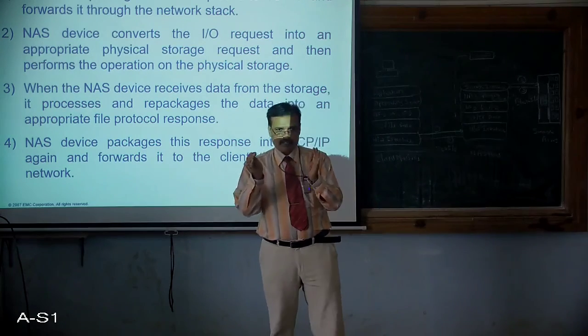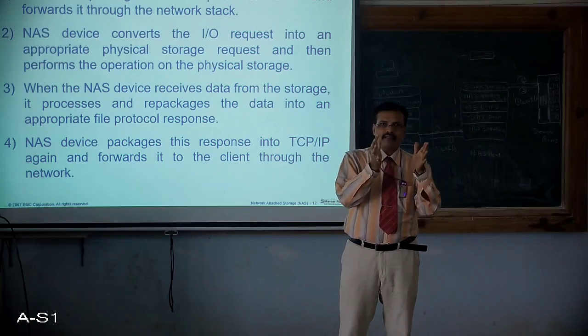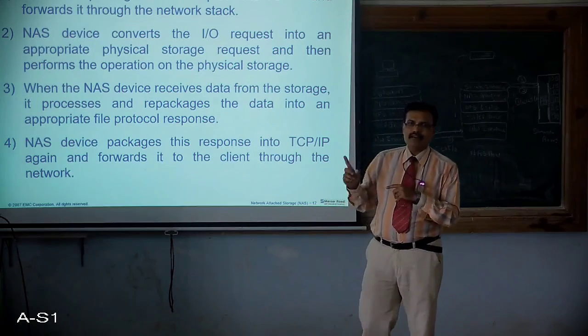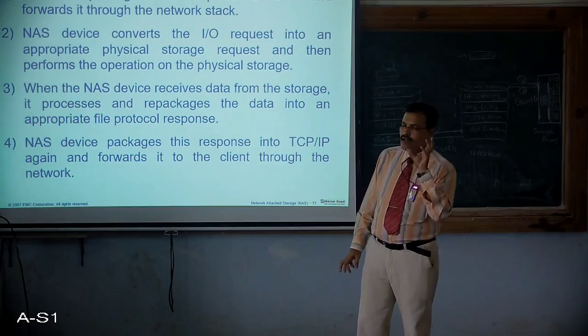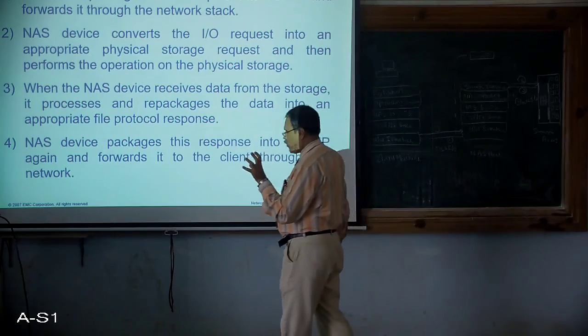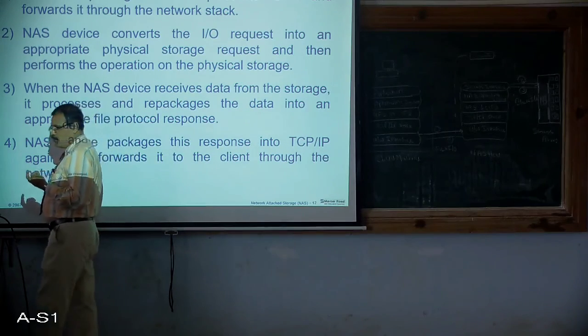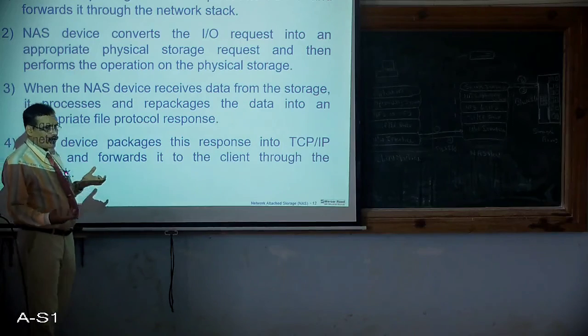Then we discussed the components present in our NAS device, which are specifically the NAS head and the storage device. These are the main things, and the NAS device consists of various elements or components like memory and CPU, and also the network interface cards, which can be one or many.